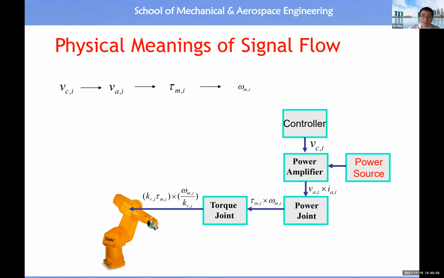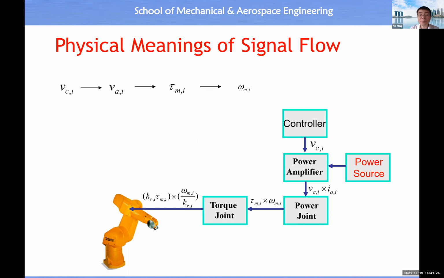So this slide helps you understand the signal flow and energy flow. This is a signal, and behind them are energy, because each of these is a signal associated with energy. So behind this signal flow, there is energy flow.